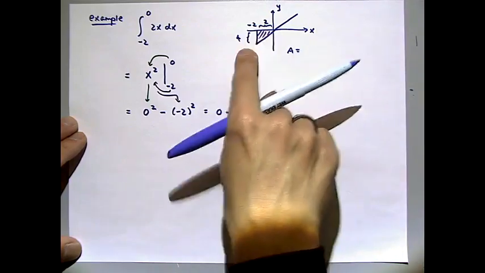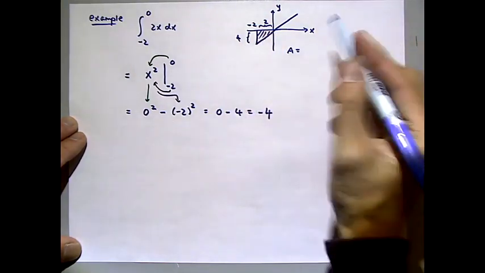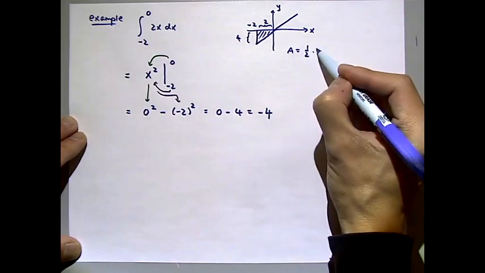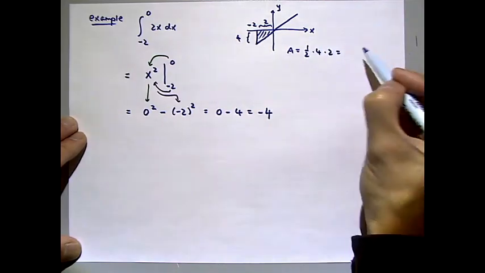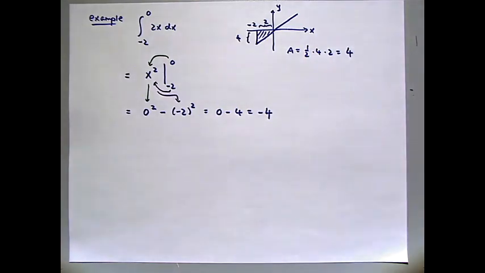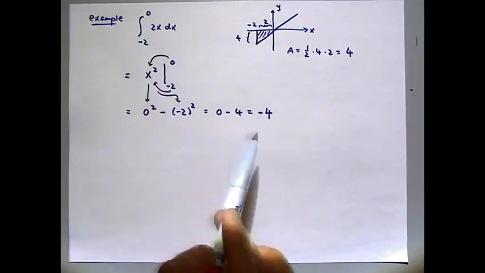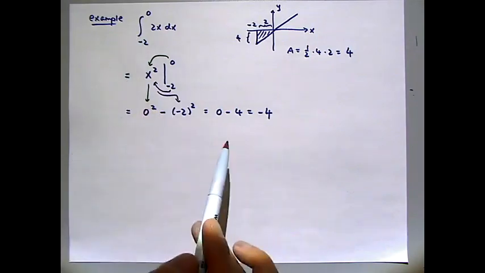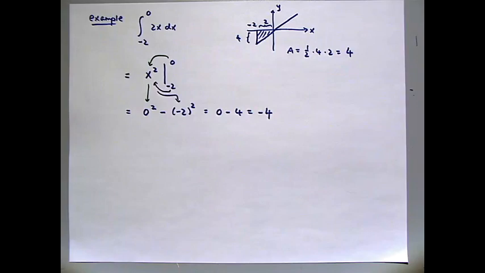If you look at it from a geometry point of view, the area is 1/2 base times height, and we get a 4. So here's the thing, we've got to be careful. If the region happens to be below the x-axis, when we calculate the area from the fundamental theorem of calculus, we actually get a negative area.